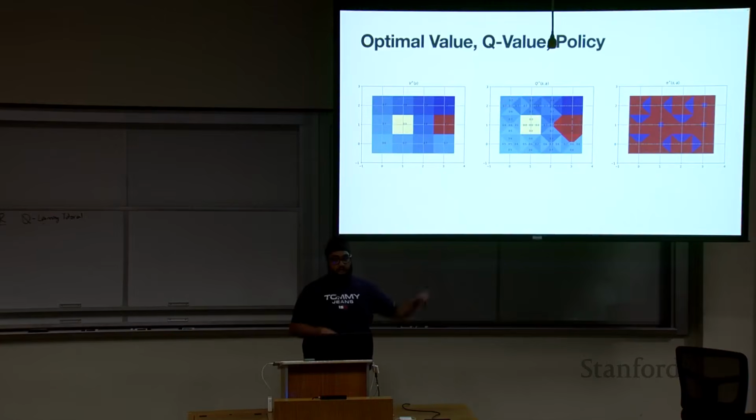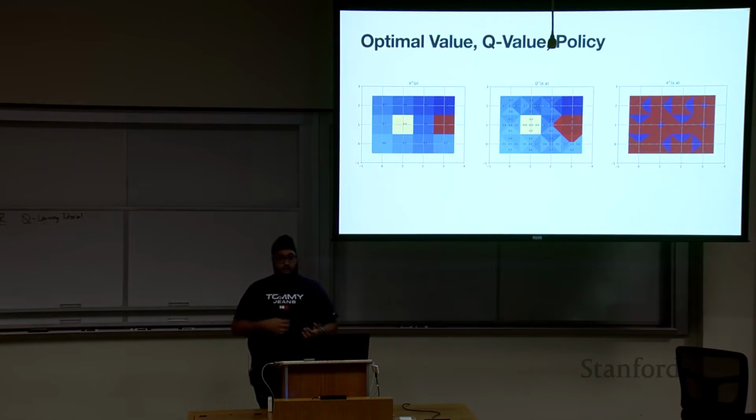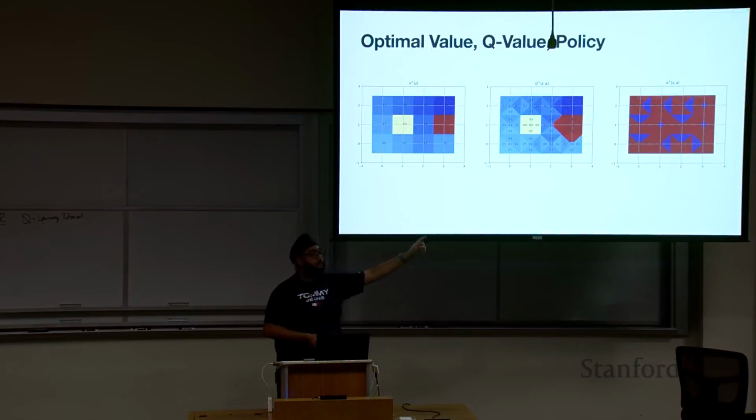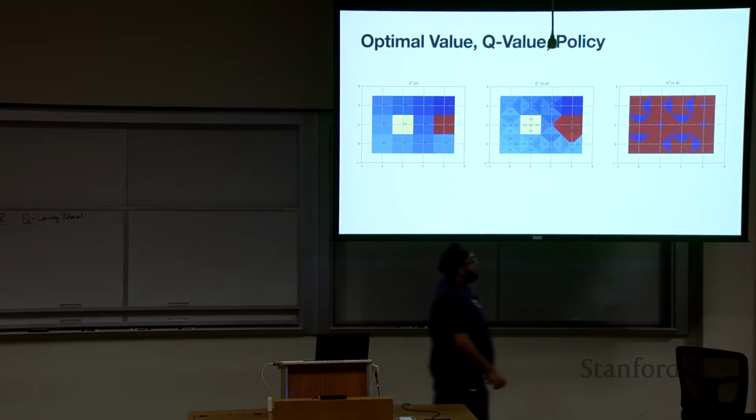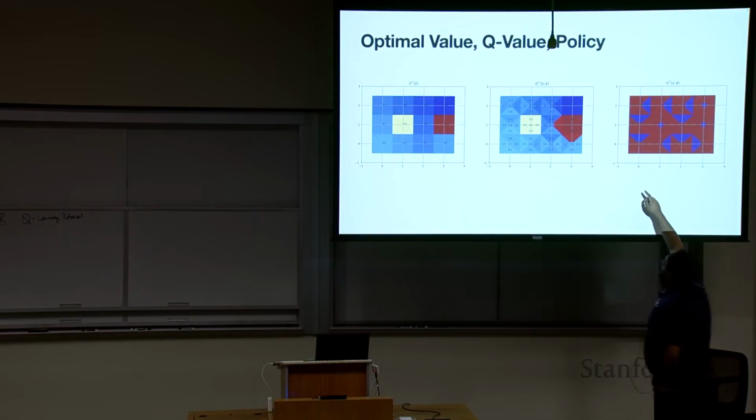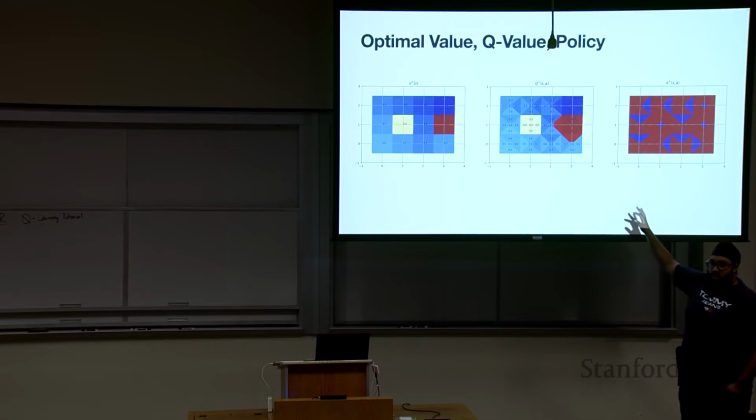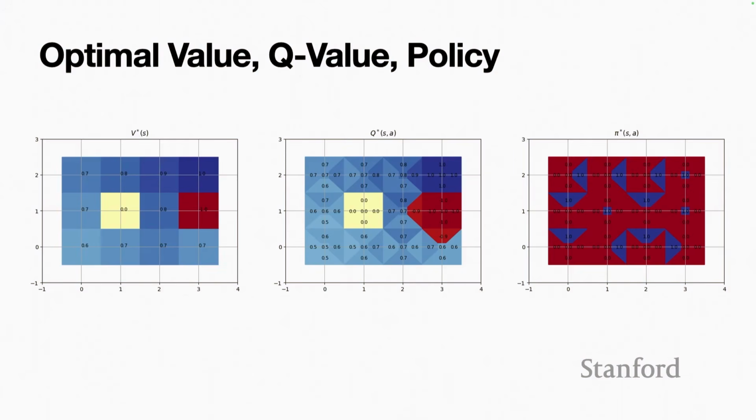That's primarily because for any MDP without partial observability, the policy is a deterministic function that is defined strictly as the argmax of the Q function. And as you can see here, it typically has a path towards the goal, and it's generally the shortest path for any state in your grid world. So these are all the optimal value, Q value, and policies.